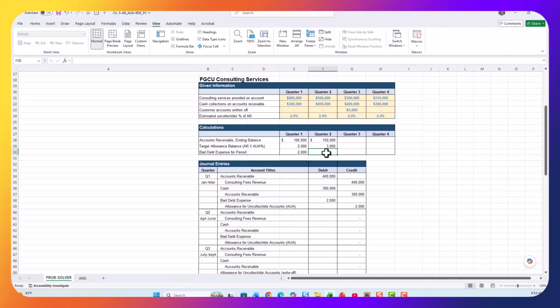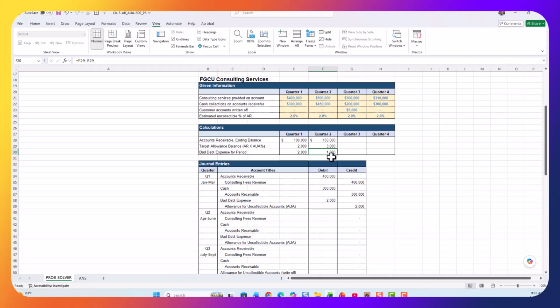So since we were at $2,000 at the end of Q1 and we need to get to $3,000 in Q2, our bad debt expense for the period will be $1,000.